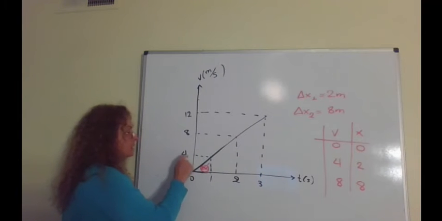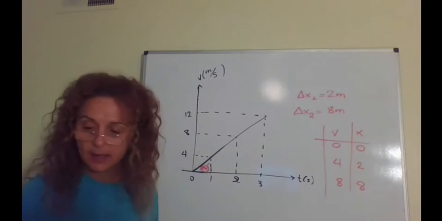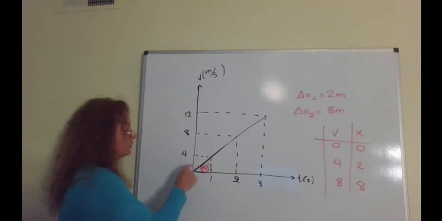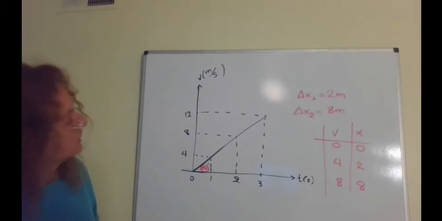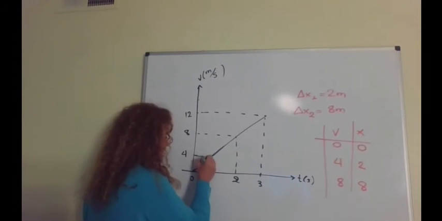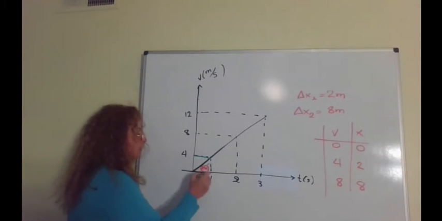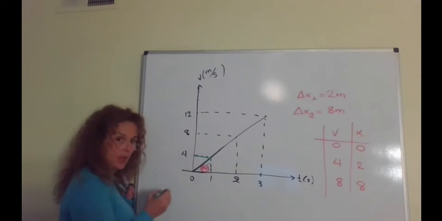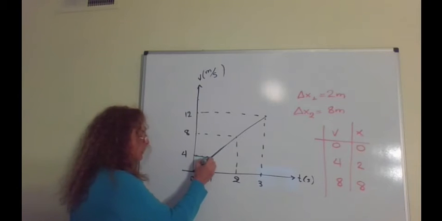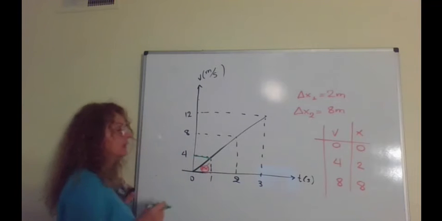Now, if the velocity was 4 the whole time, the distance traveled would be 4 meters, would be this rectangle. But now it changes from 0 to 4. That means that the distance traveled, the triangle, which shows the displacement traveled, is exactly the half of the displacement that we would have if it had a constant velocity.